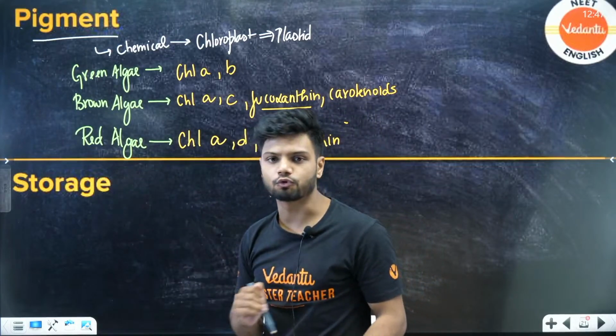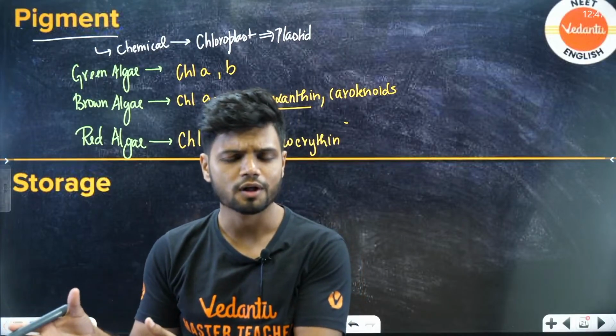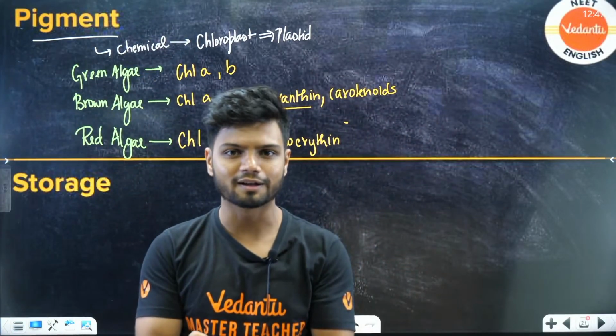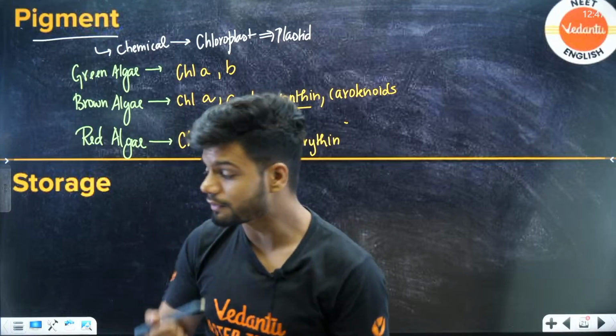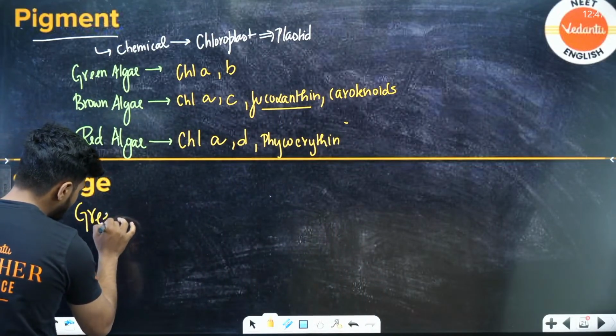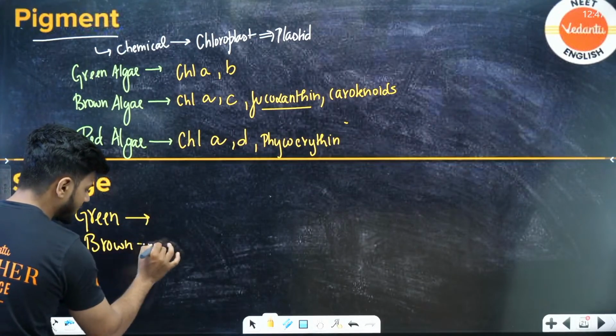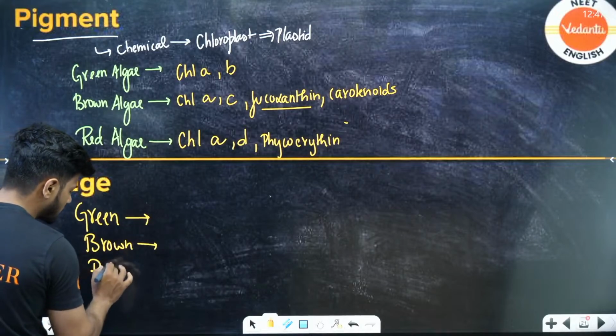Now, what about your storage food? Obviously, the plant is preparing food, so all the food needs to be stored somewhere. And how is it stored? Listen to me very carefully. Again, it's going to be very different in the case of your green, brown algae, and red algae.